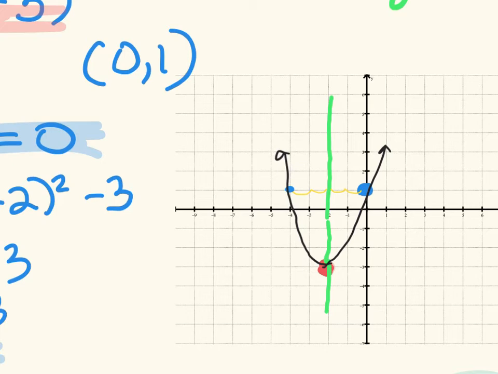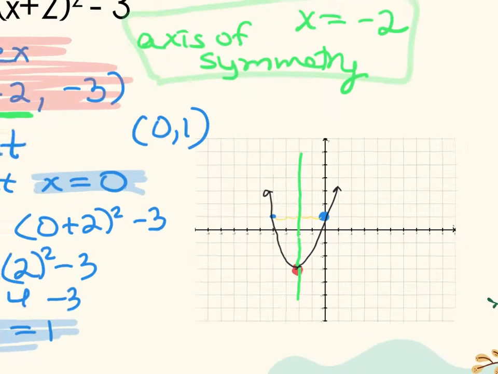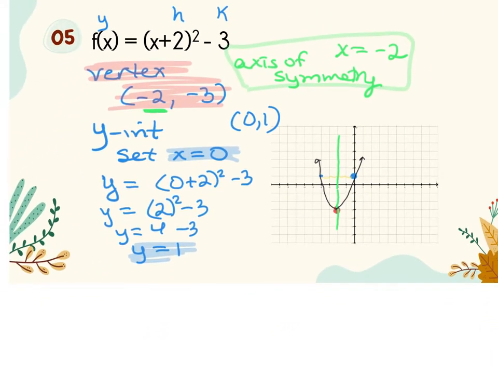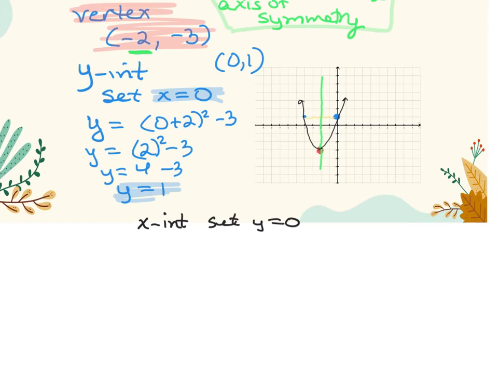Now I'm going to calculate my x-intercepts. When it's in this standard form, or vertex form, finding the x-intercepts is easier. So again, to find the x-intercept, you set y equal to 0. So I'm going to do 0 equals (x plus 2) squared minus 3. I'm now going to use the square root method to solve this.